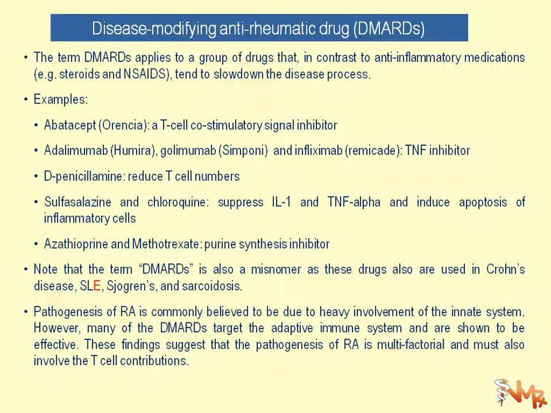However, many of the DMARDs target the adaptive immune system, and they are shown to be effective in this regard. These findings suggest that pathogenesis of rheumatoid arthritis is multifactorial and must also involve the T cell contributions. And that's why a little earlier I said Orencia is helpful in managing rheumatoid arthritis.